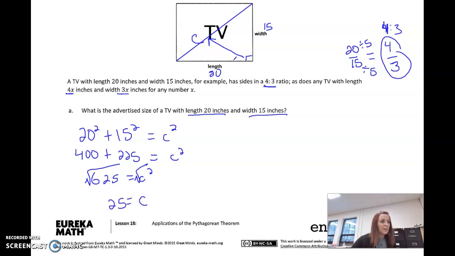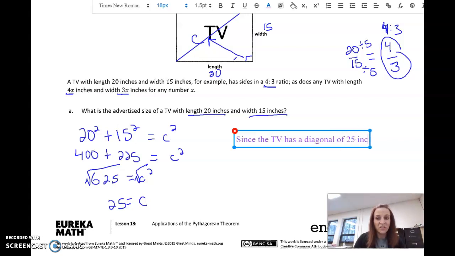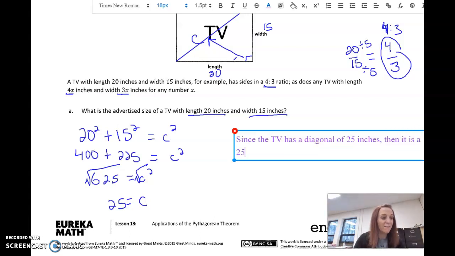All right. I'm going to write this in just because I want you guys to see that. It says, since the TV has a diagonal of 25 inches, then it is a 25-inch TV.